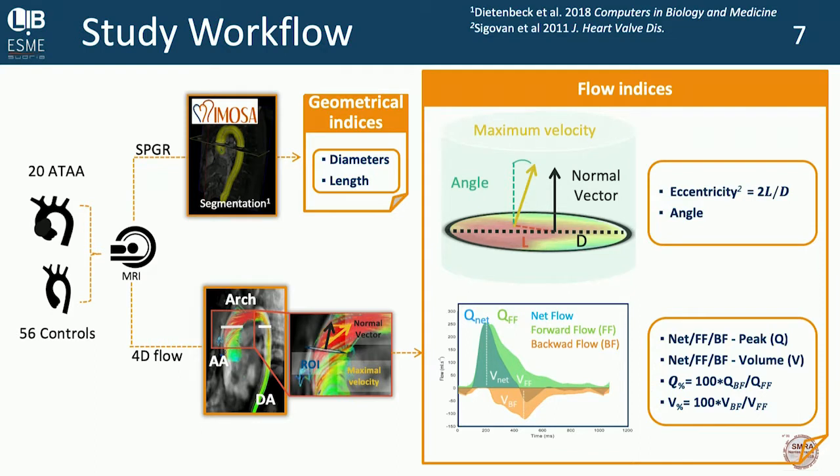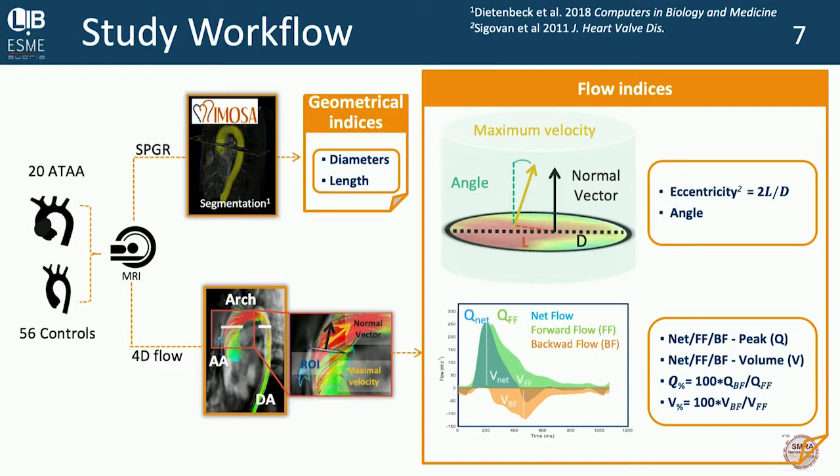From these regions of interest, we extracted two main parameters. The first is the eccentricity, which is a measurement of the maximum jet flow displacement from the center of the aorta. The second is its angulation. These two parameters were computed on the systolic phases.